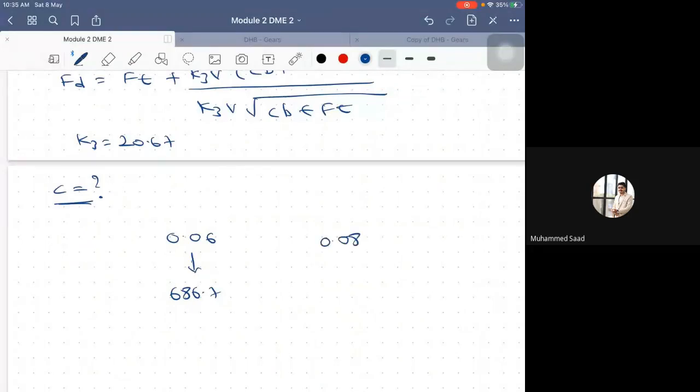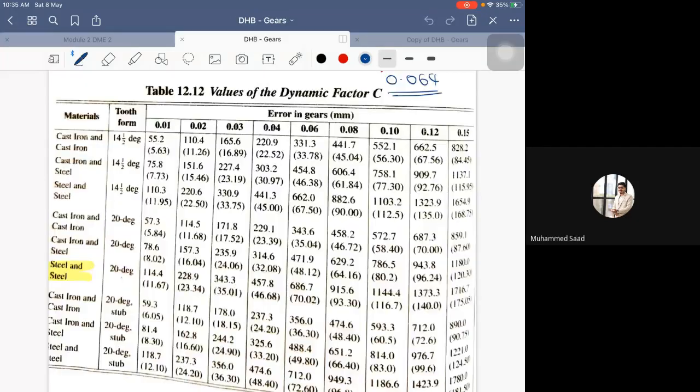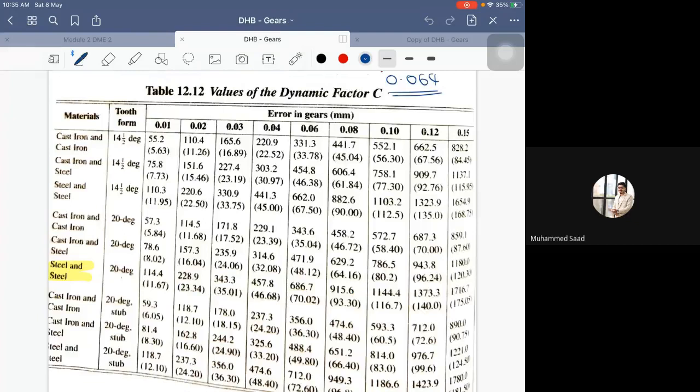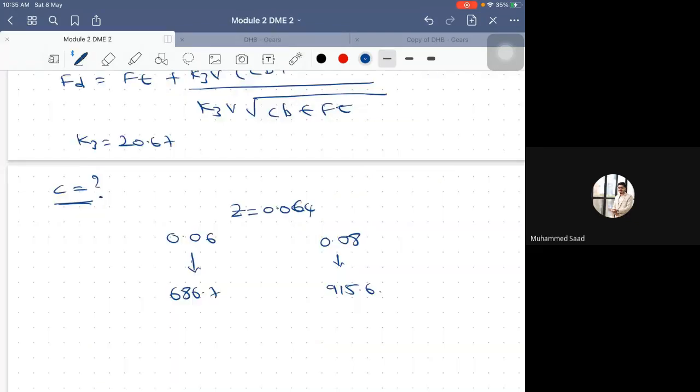For 0.08 it is 915.6, but I require the value for Z, which is how much? 0.064. So I have taken this as x1, this as x2, this as y1, and this as y2.